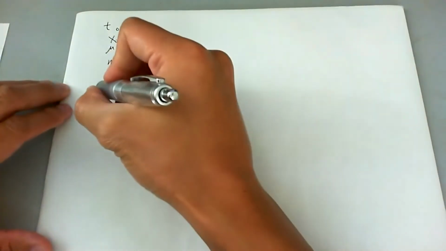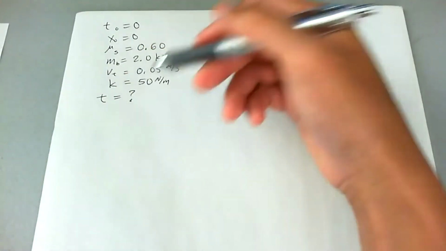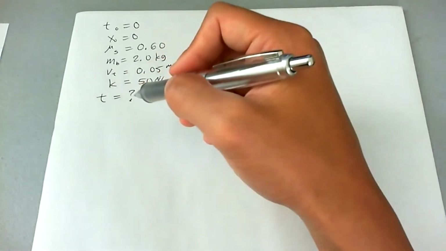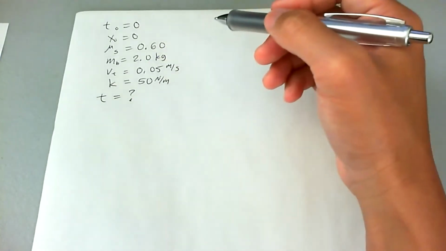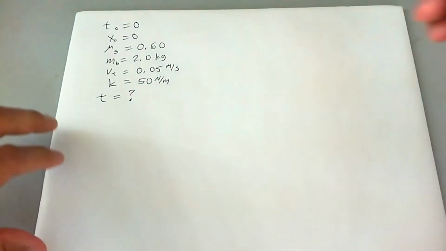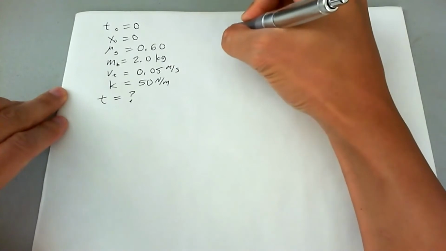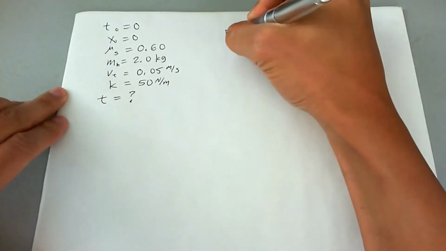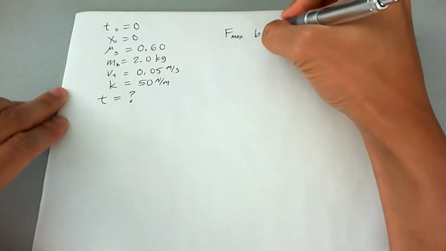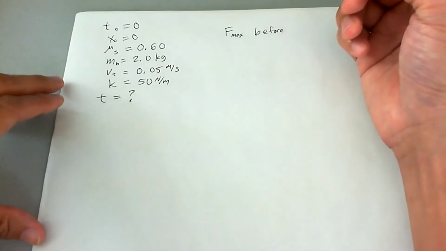What we need to find is the amount of time it takes for the block to start moving. Obviously, I'm not going to write that in the subscript, but at least I have a list of things the problem gave me. The path I'm going to take is to first find the maximum friction before the block starts to move, because the train is going to pull on a string, which pulls on the block.